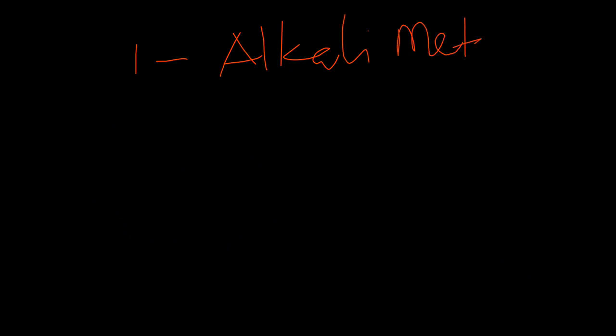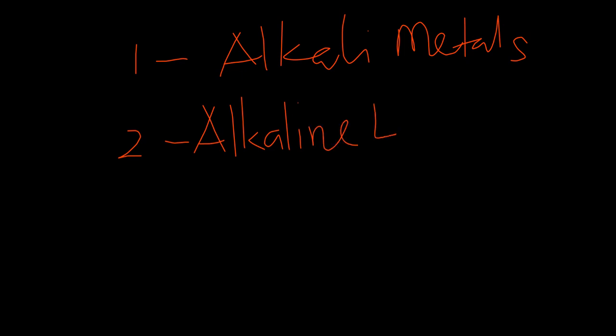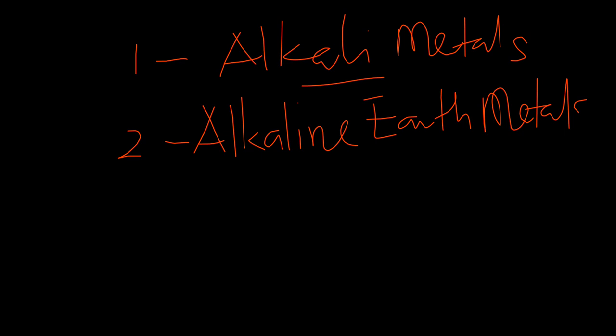The group 2 elements are also called the alkaline earth metals. Note the difference between the spellings. One is alkali, one is alkaline. So group 1s are alkali metals, group 2s are alkaline earth metals.